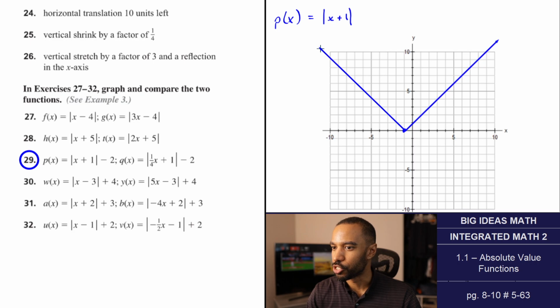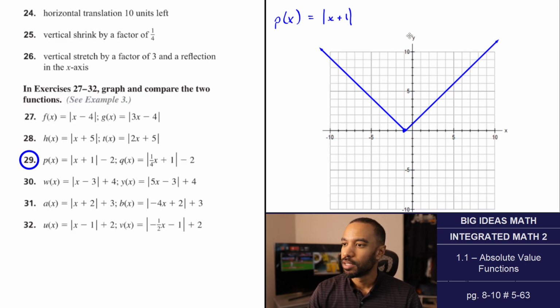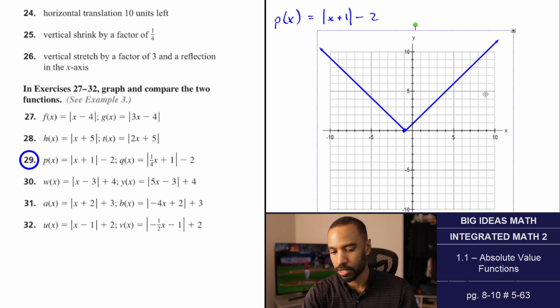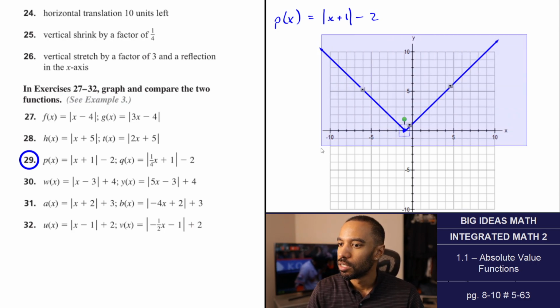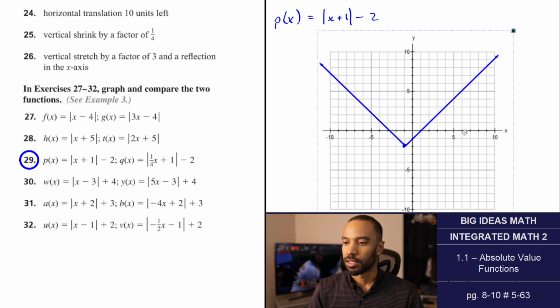Or no change in stretch, if you will. This one seems to have the change, however. Now this one, I need to... Oh, -2. I didn't see that. There's a -2. Okay. Good thing I have a tool where I can just translate it. Like that. Okay.